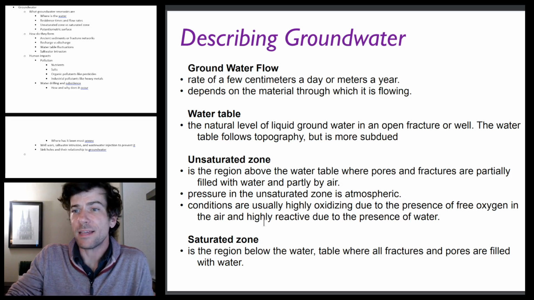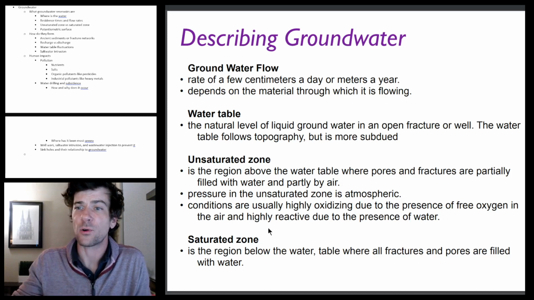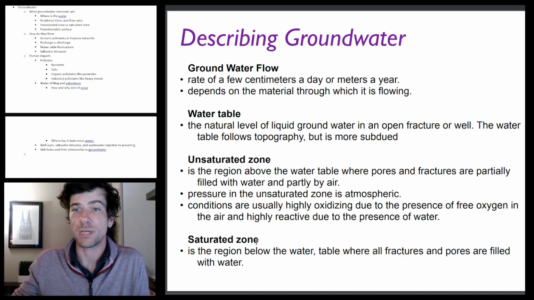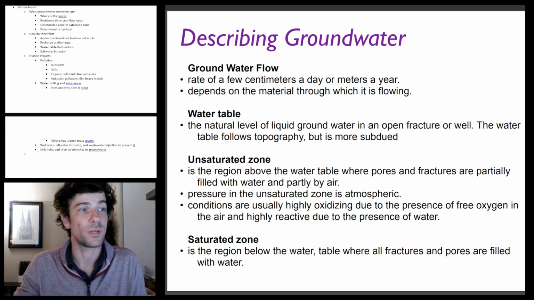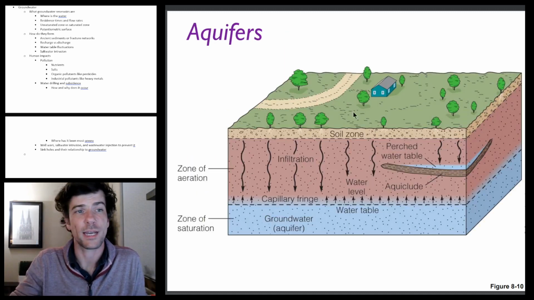Beneath that, if you keep going downward, eventually you're going to hit the saturated zone, beneath which pore spaces are filled with fluids. The boundary between those two areas is called the water table. So if you dig down or drill down, eventually you'll hit the water table, and below that there will be groundwater.